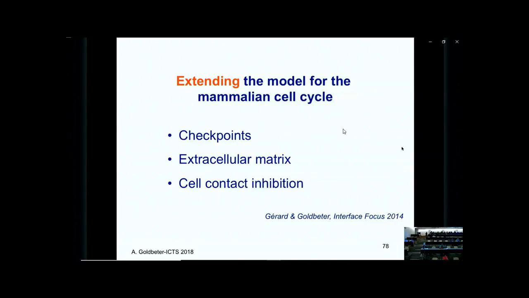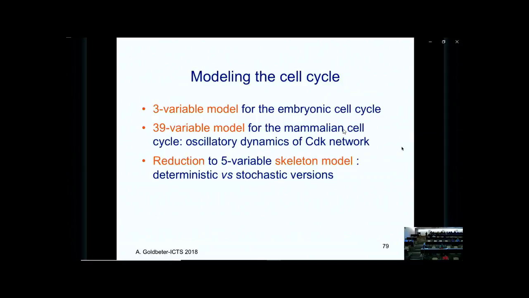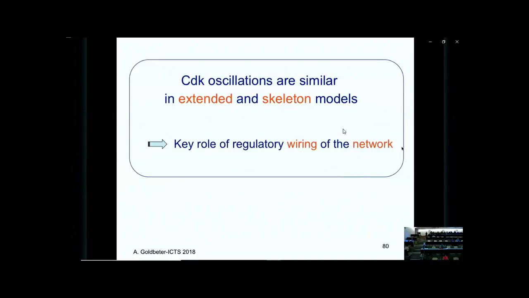And the reduction of the 39-variable model to a 5-variable skeleton model allowed stochastic simulations, but it also showed that oscillations are similar both in the extended and skeleton models. So a key role is played by the regulatory wiring of the network.